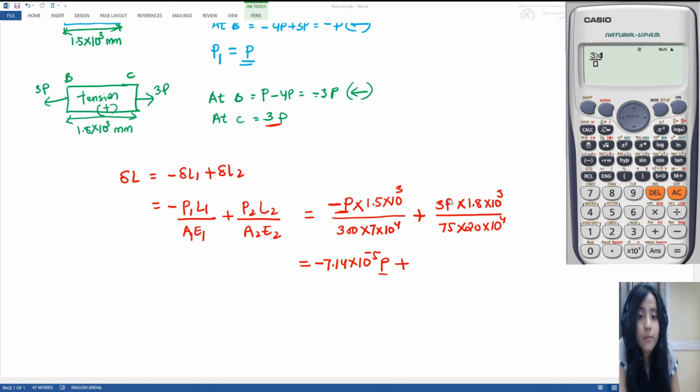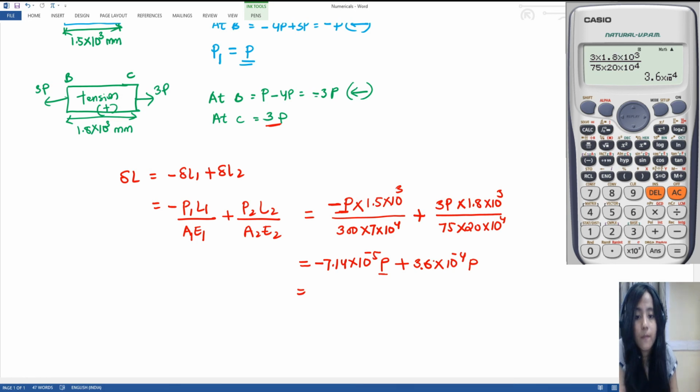So P will remain as it is, so keep P as P only for now. 3 into 1.8 into 10 raised to power 3 divided by 75 into 20 into 10 raised to power 4. So this one you're getting 3.6 into 10 raised to power minus 4 P.